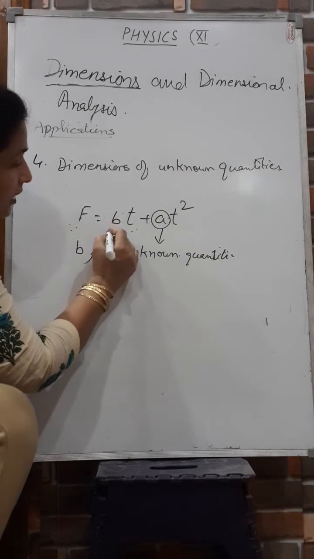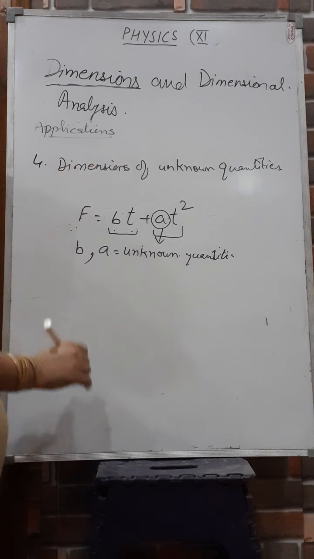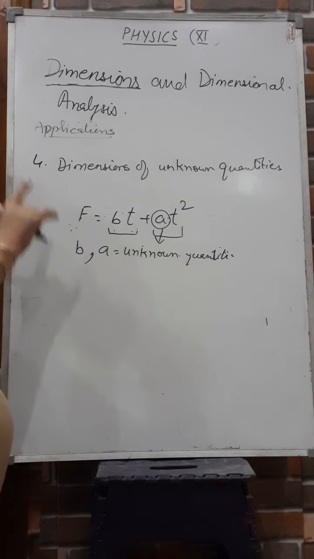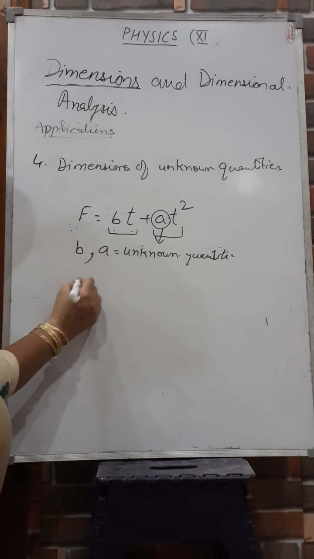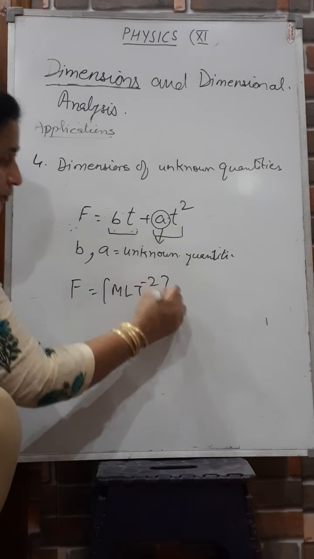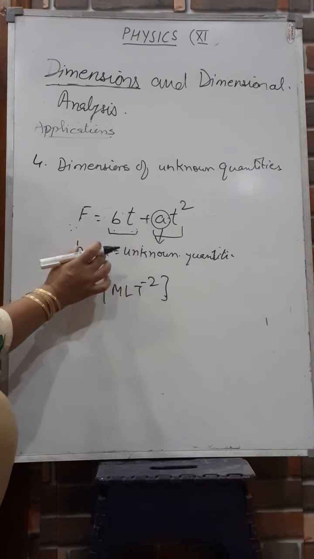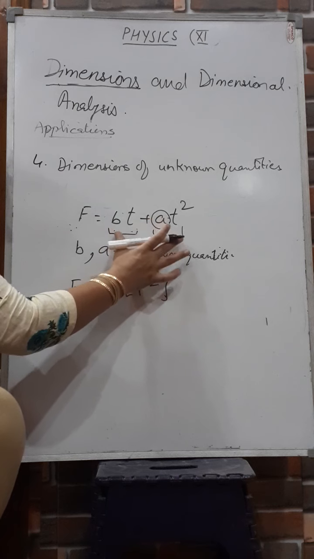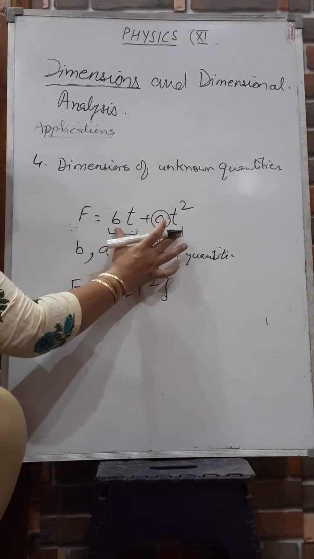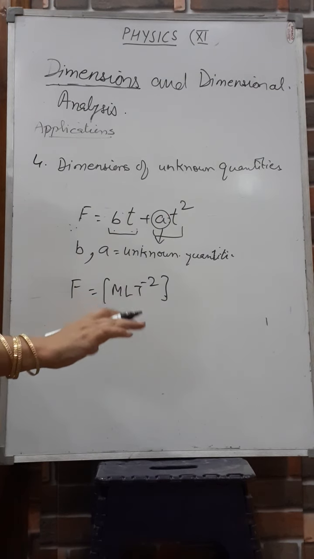So the dimensions of both Bt as well as At squared should be the same as the dimensions of force. The dimension of force is MLT^-2.